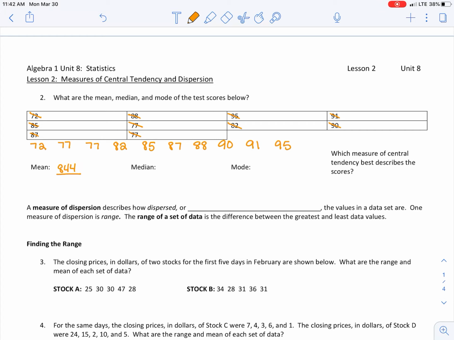And we have to divide that by the number of data values we have. So we have 1, 2, 3, 4, 5, 6, 7, 8, 9, 10. So we're going to divide that by 10, and that gives us 84.4. It is okay to get decimals.